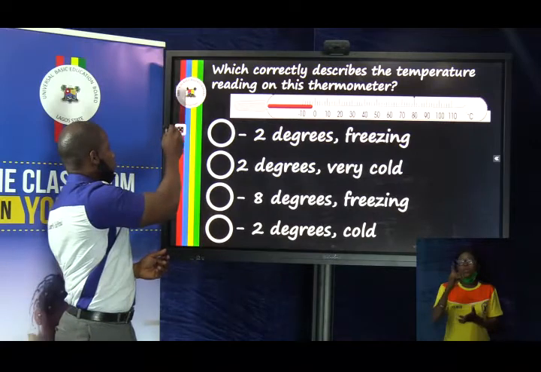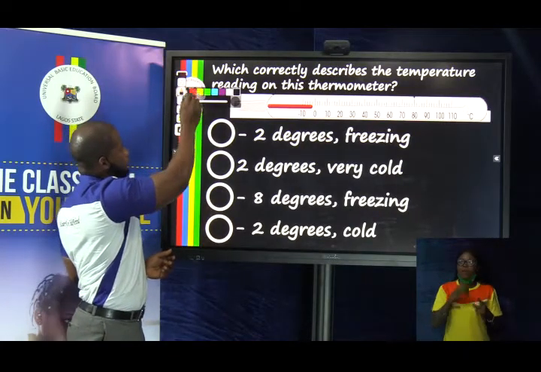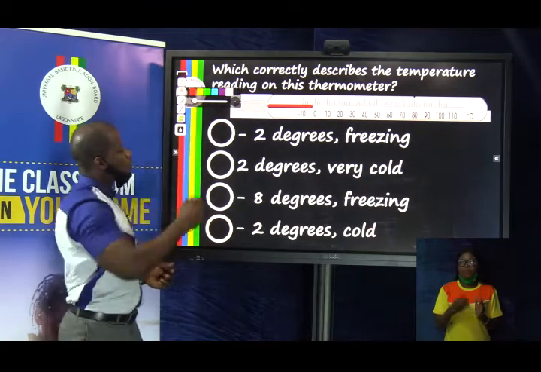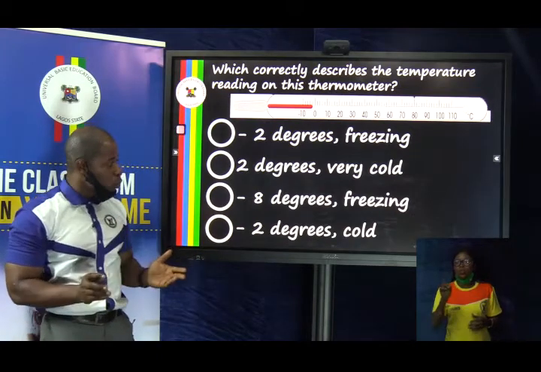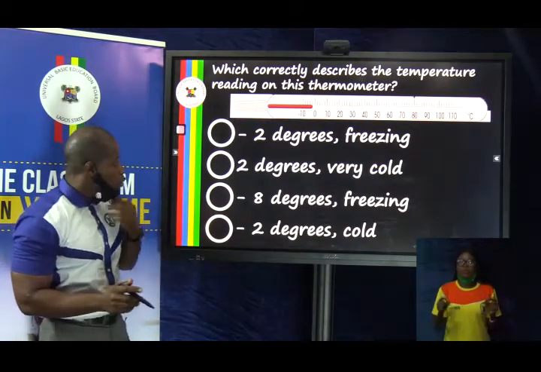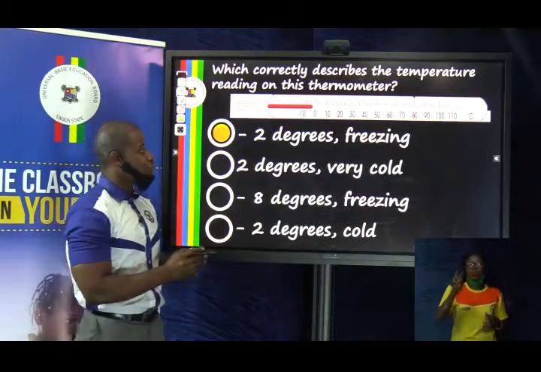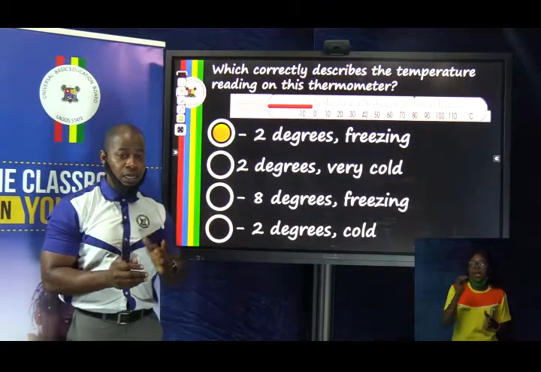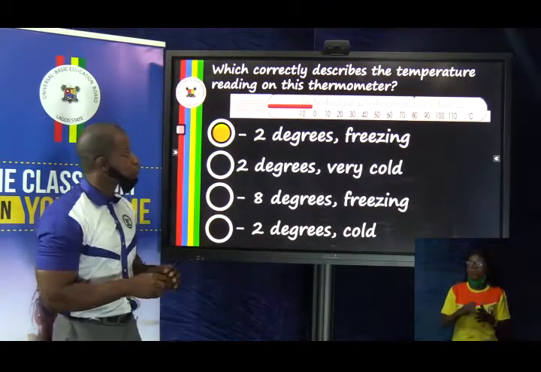Well, the correct option should be minus 2 degrees, but is it freezing, very cold, freezing, or cold? Well, it is minus 2 degrees freezing. That's because the freezing point of water is 0 degrees Celsius. Anything less than 0 automatically would have frozen if it is water.